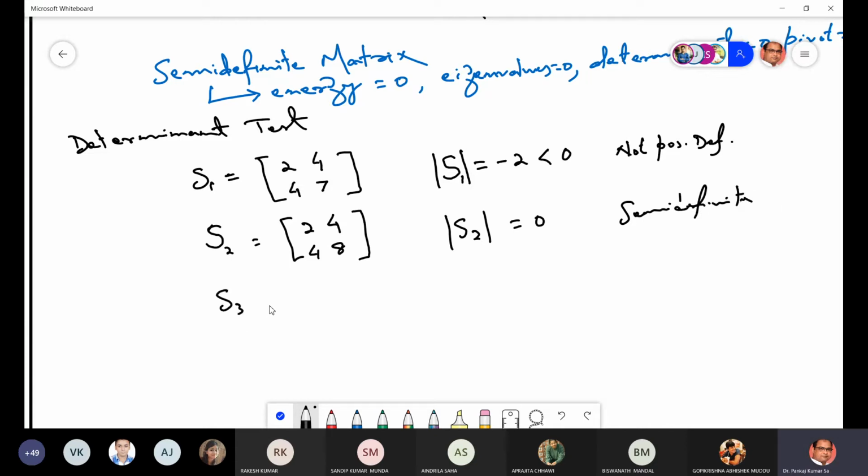S3 is another matrix. 2, 4, 4, 9, let us say. S3.